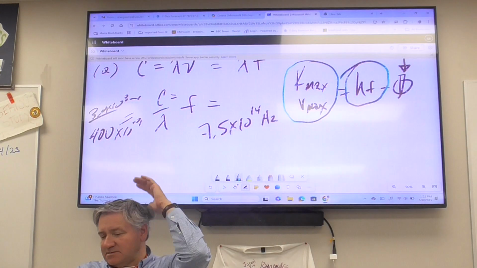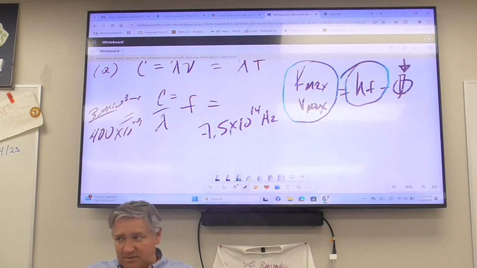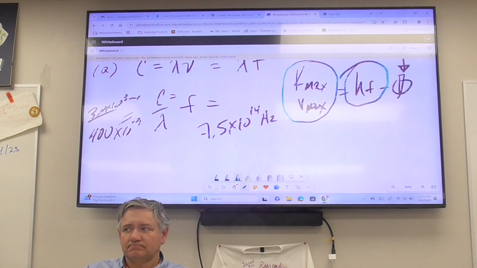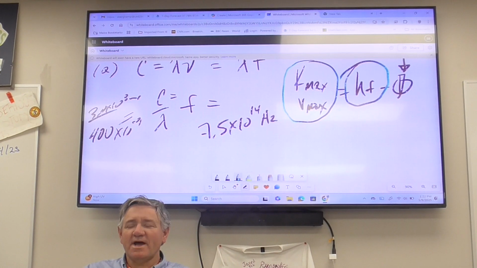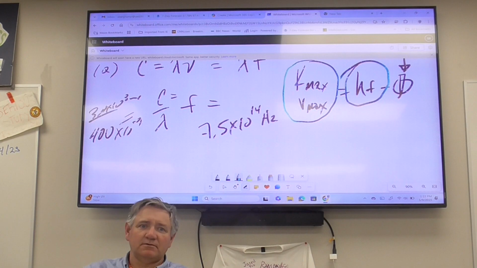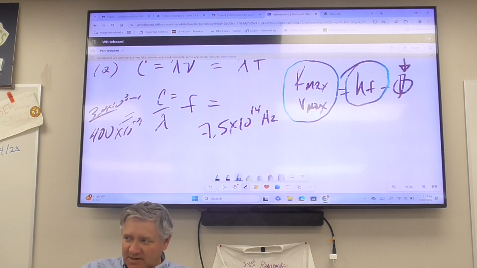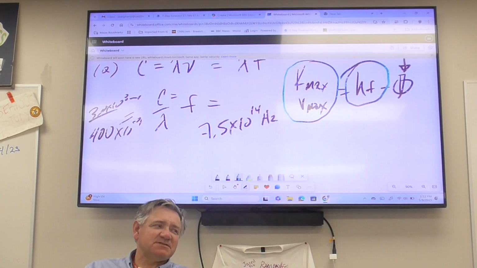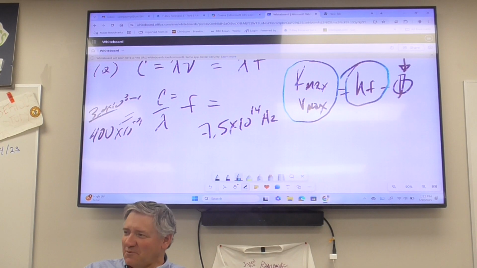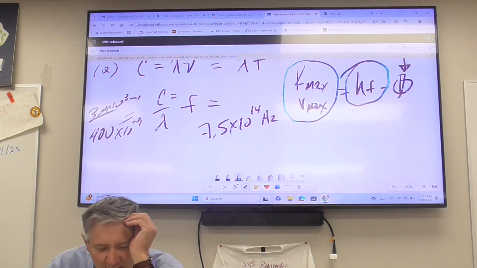As that light passes through different mediums with different optical densities, what happens to that frequency? What happens to the frequency as light passes through glass, water, whatever? Nothing. Nothing happens to the frequency. Frequency determines color, because frequency determines energy.